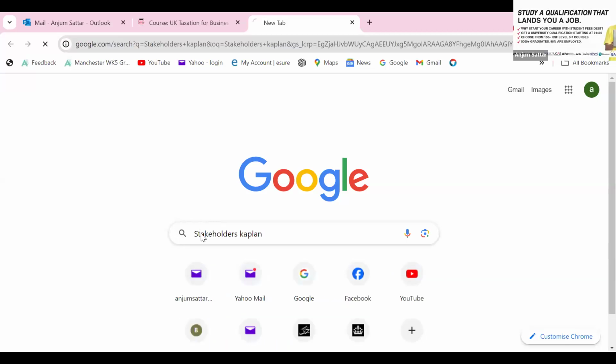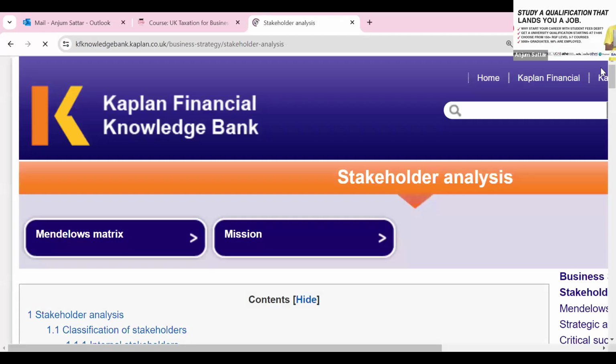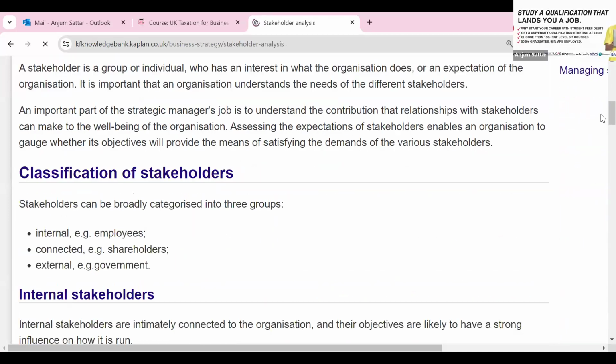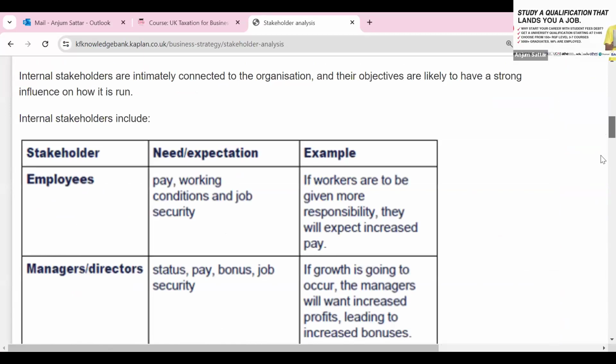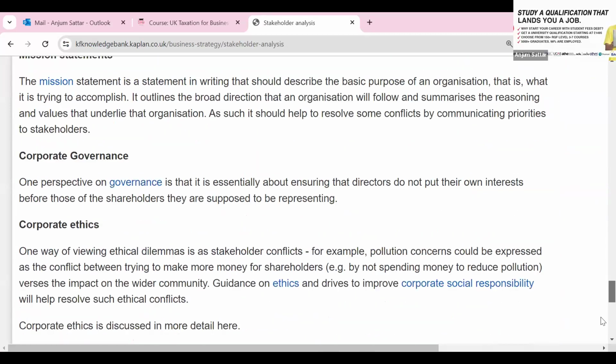If you search for Kaplan, a publisher, you will find the knowledge bank, which is chapters of the Kaplan books. They have quite a good resource bank. So if you look around, you can find what is meant by stakeholder analysis. These are all quite good, in the mapping document.